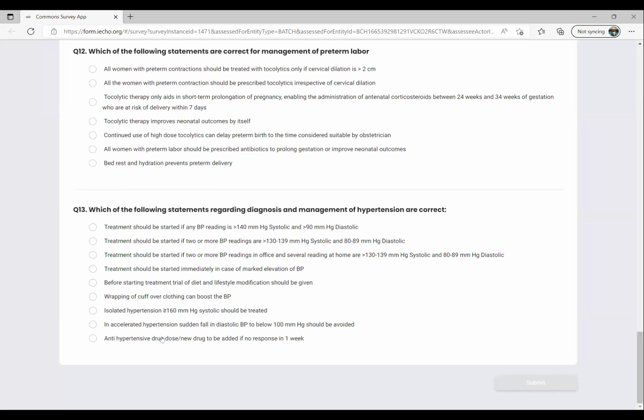If you know the pharmacology of antihypertensive drugs, these drugs take 3 to 4 weeks to reach peak action. So any increment made before that would be an excessive dose, or if you add any drug before this. So you need to wait at least 3 to 4 weeks to see the maximum peak effect of a drug.